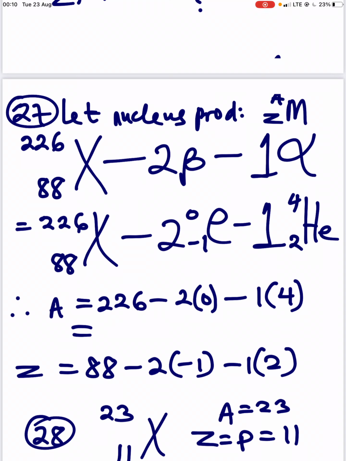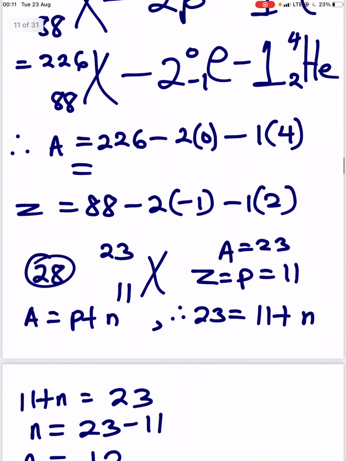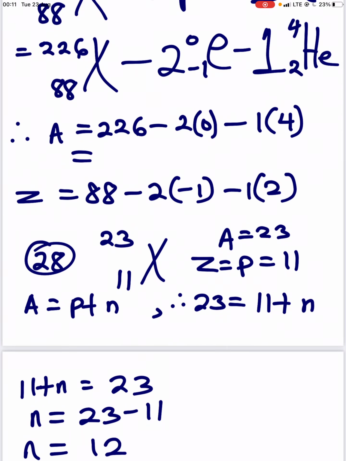So we do the same thing. If X is the nucleus emitting those particles, that means the result we get, M-A-Z, will give us 226-88X minus 2 times 0-minus 1e minus 1 times 4-2He. That will give us A and also give us Z. You press your calculator to get the final answers.